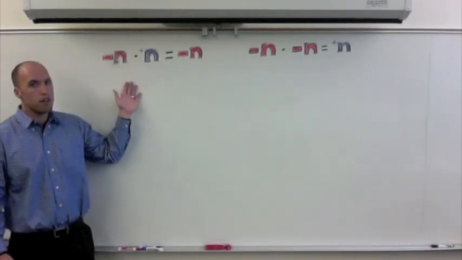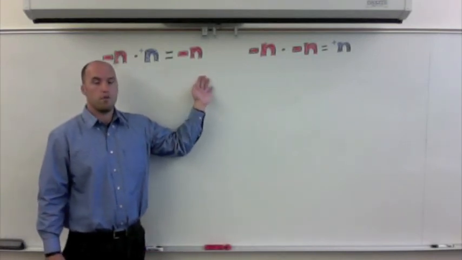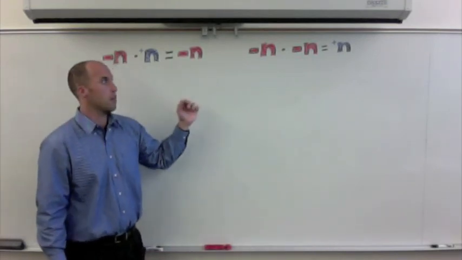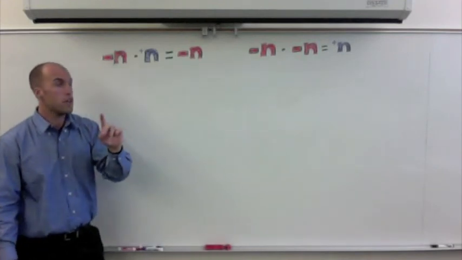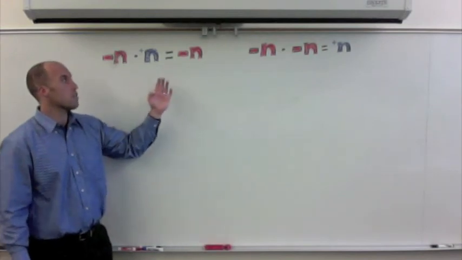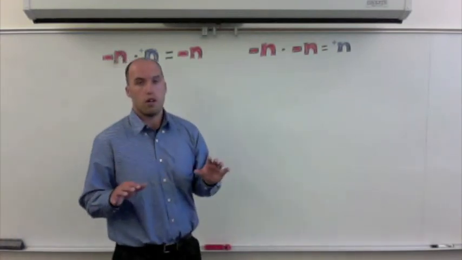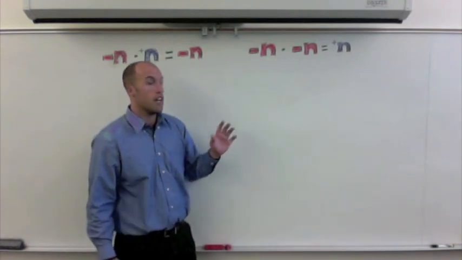A negative number times a positive number is going to result in a negative number. And it can also switch: a positive number times a negative number is also going to be a negative number. Here's the tricky and kind of weird part in multiplication and division.